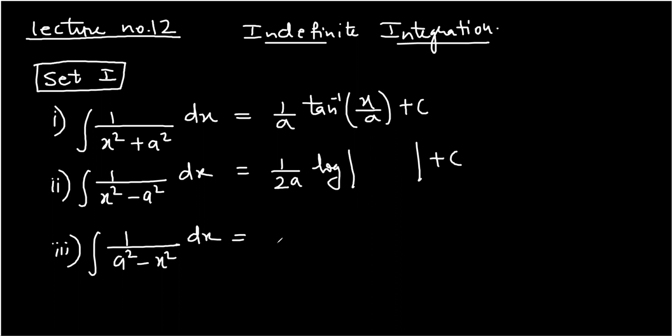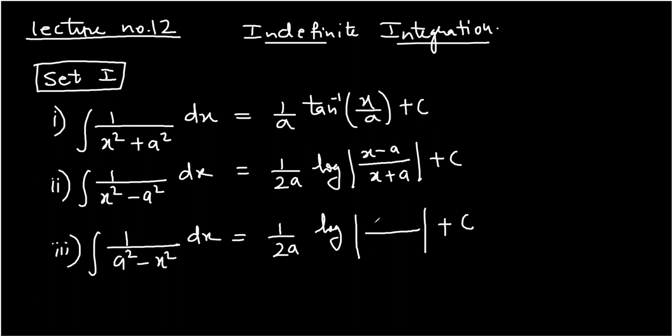Here also 1 over 2a, a is a constant, log mod plus c. Inside the mod, what you have? Here you have numerator x minus a, denominator x plus a, and here it's a plus x and a minus x. So this is set 1, 3 results. We are going to use these results to solve problems. So please keep this in mind and write these several times so as to remember them.